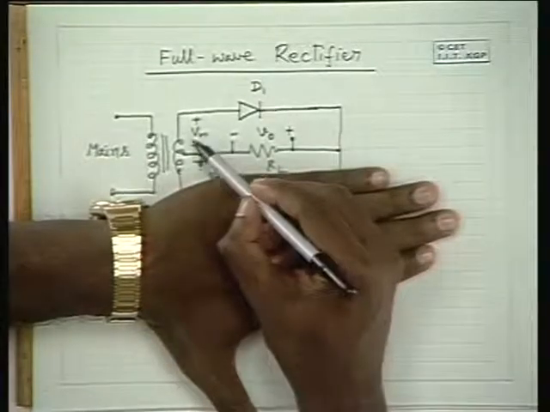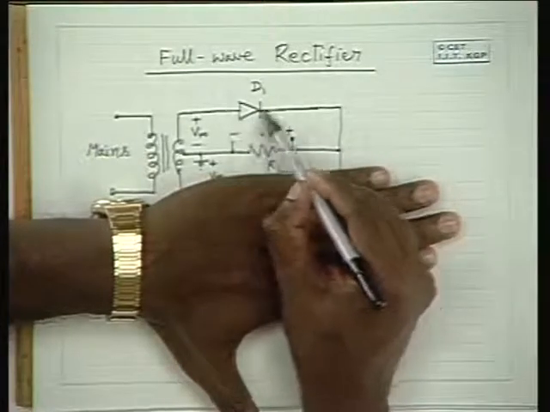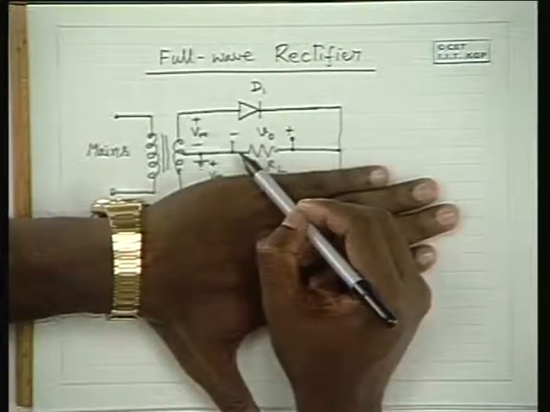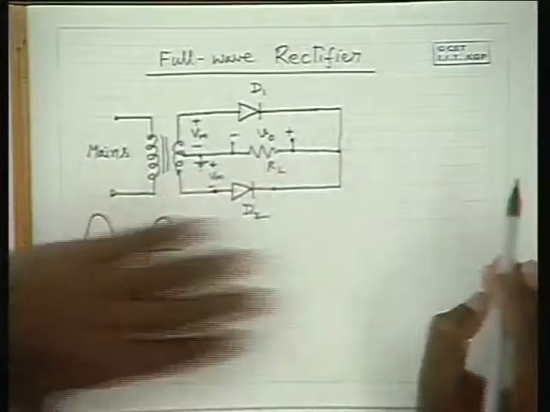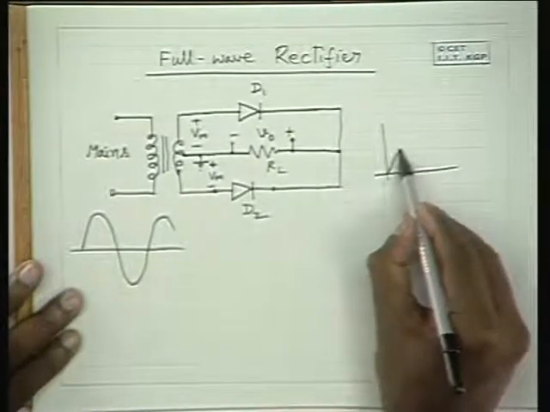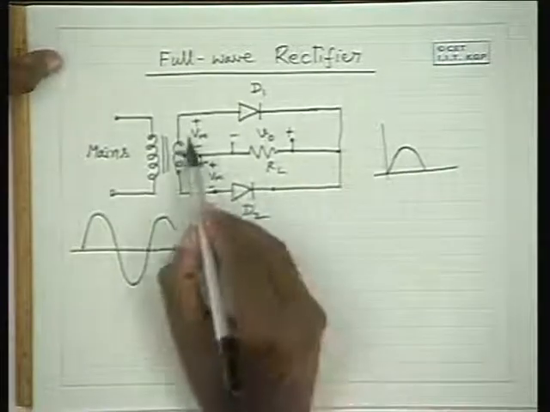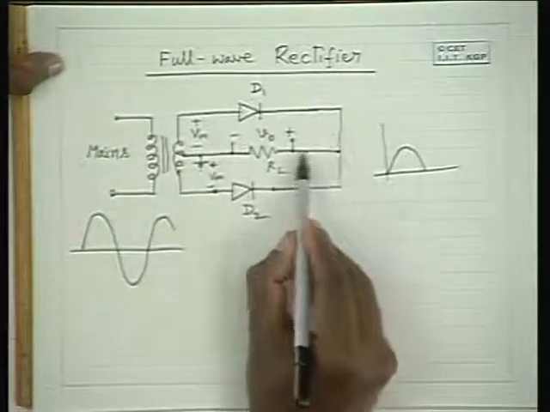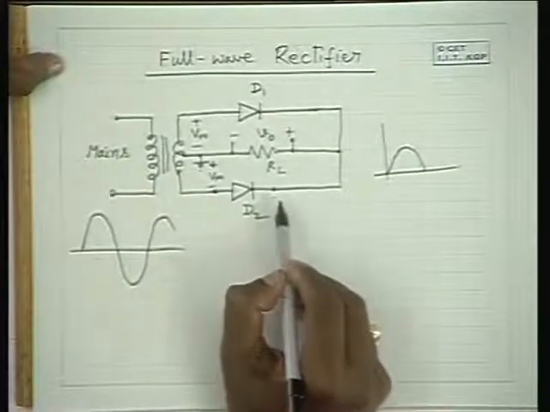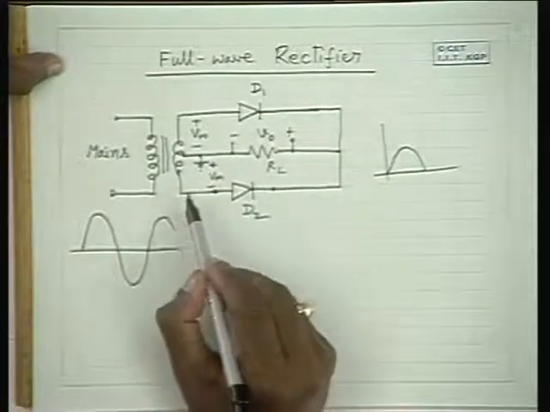Hence, for the positive half cycle, this diode acts like a half wave rectifier. It conducts and it transfers the input voltage to the load. Hence, across the load you get this kind of voltage during the positive half cycle. And the circuit gets completed like this, whereas this side it is like an open circuit. Almost no current flows through this side.